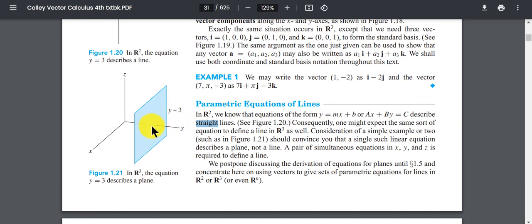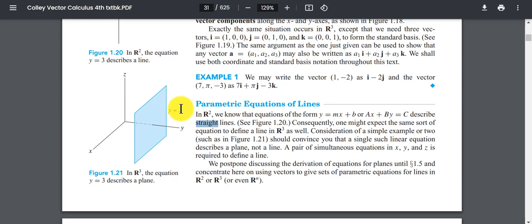So we can think about this the same way. We can say y equals 3. What does that give us in the x, y, z plane in 3 dimensions? We're just saying y has to equal 3. Whatever x and z are, y will equal 3. So if I take this x and this z, then y equals 3, so we come out to here. And if I take a different x, like this x, and this z, still we come out to 3. So what does this form, y equals 3?